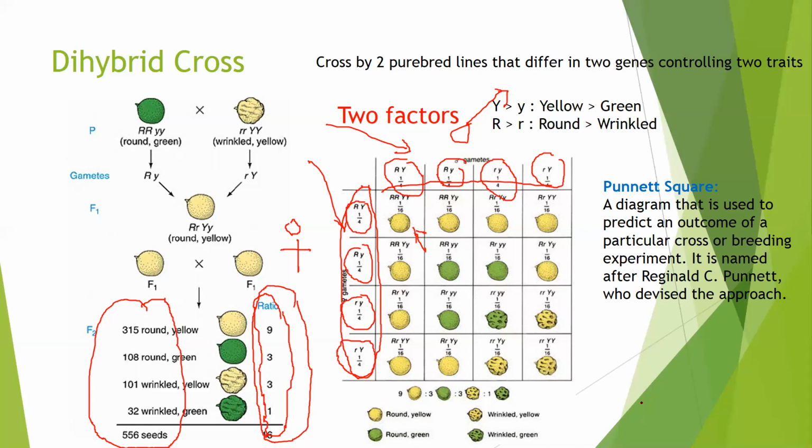So the next step, we're gonna test if the observed numbers here agree with this expected ratio. So if this experimental data agrees with your expected ratio, this will be the evidence to support your hypothesis. So what are the hypotheses here?